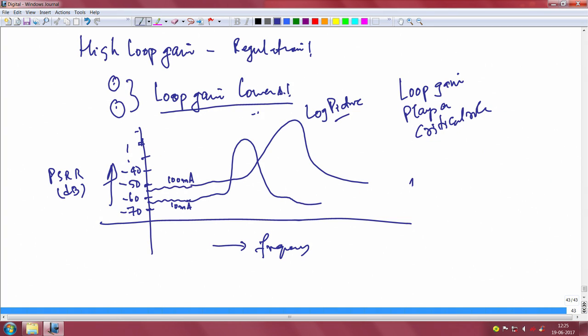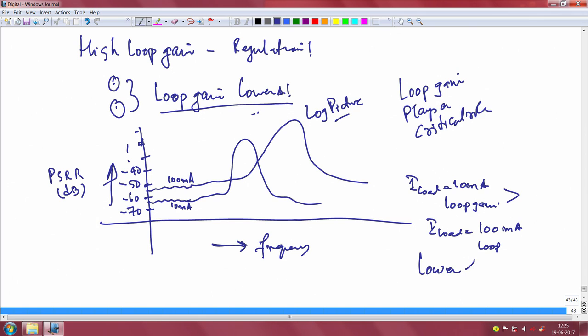If I load is only 10 milliamperes, you get better loop gain, higher loop gain as compared to I load at 100 milliamperes, okay, this is greater. Also you have to bring in the other point that the x axis is frequency, at lower frequencies.